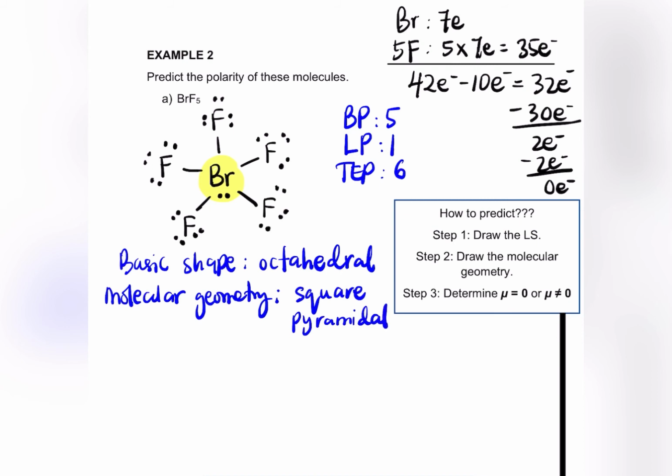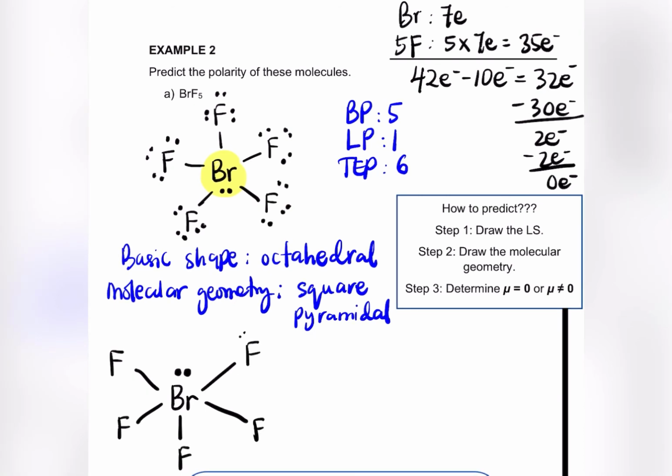Pastikan spelling awak betul. So, from here you are going to draw square pyramidal where the shape is going to be Br as your center. You got 2 lone pairs at the central atom, and then 1, 2, 3, 4, 5. And then you got 5 fluorine. And as you see here, you got lone pairs at each of the terminal atoms.